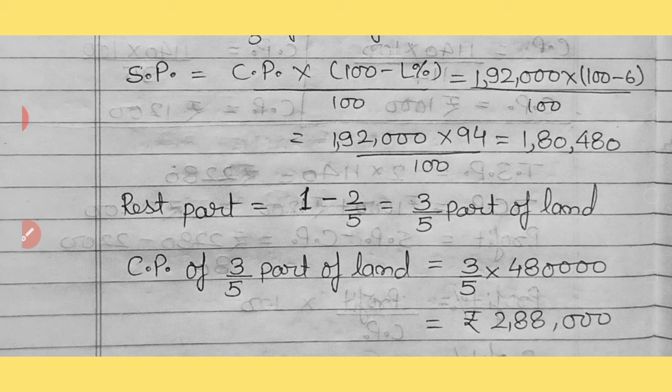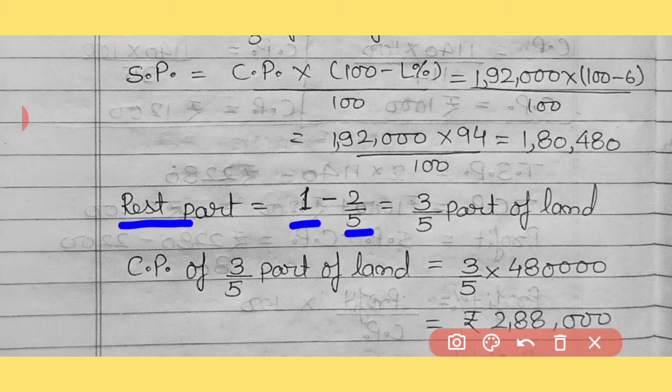So now we have to find how much plot remains and its cost price. The total land was 1 and 2/5 of the land has been sold.